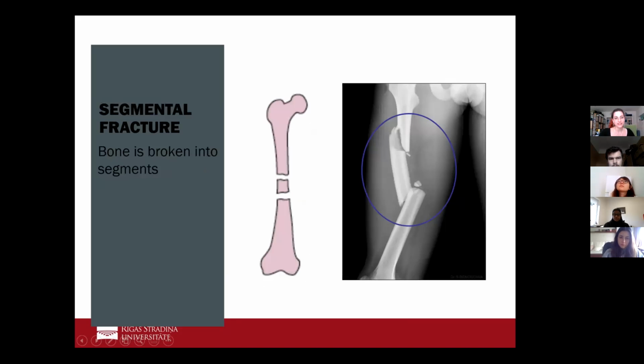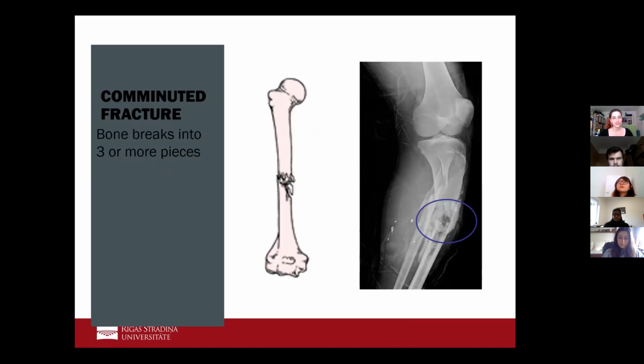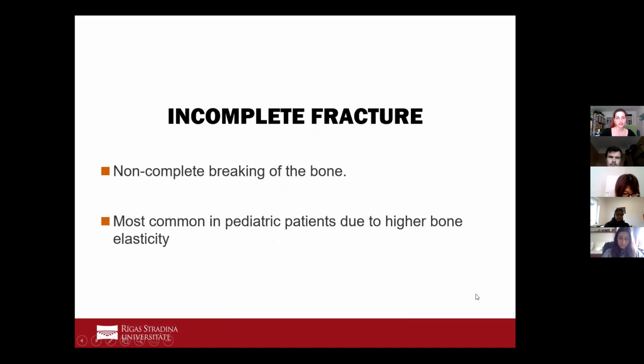The segmental fracture refers to a bone that is broken into segments. The comminuted fracture refers to a fracture in which the bone breaks into 3 or more pieces. This is very common in accidents or also, for example, shootings, where everything is just splintered.